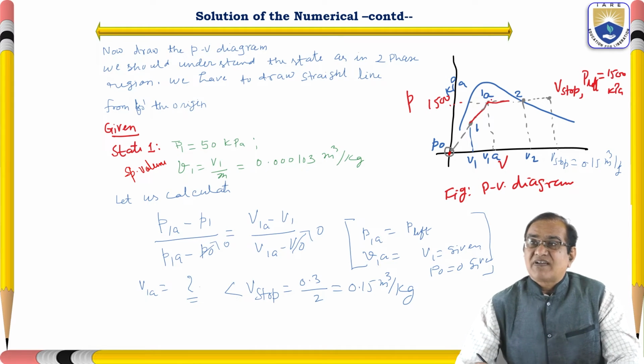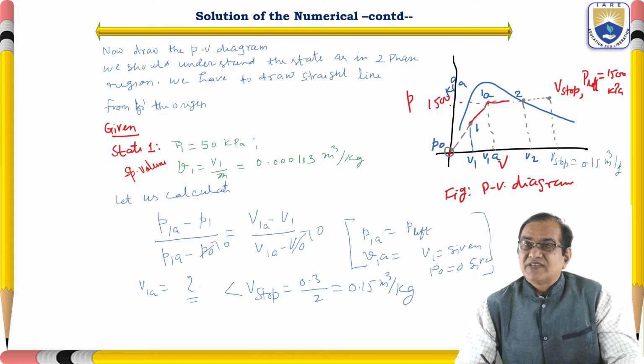So let us calculate for this. Here is the straight line from state 1 to 1A. So what will we get here? (P1A minus P1) divided by (P1A minus P0) is equal to (V1A minus V1) divided by (V1A minus V0).